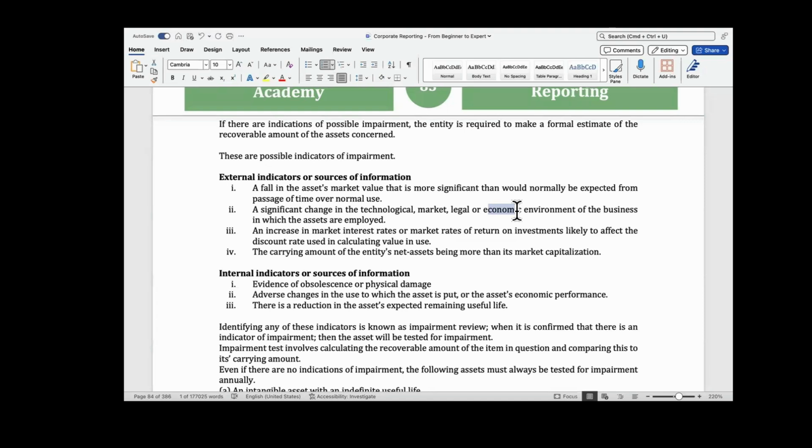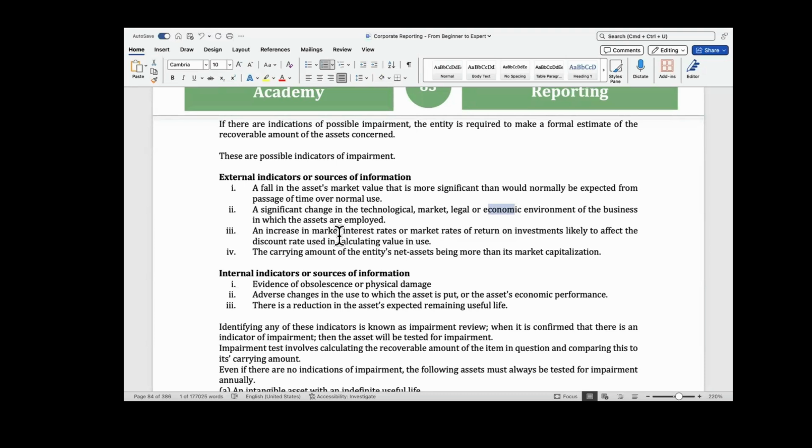Interest rates are elevated. You're all aware CBN just increased the MPR by another 200 basis points again recently. So all these are changes in economic environment, and they can indicate that your assets might have been impaired. You would understand that very soon.